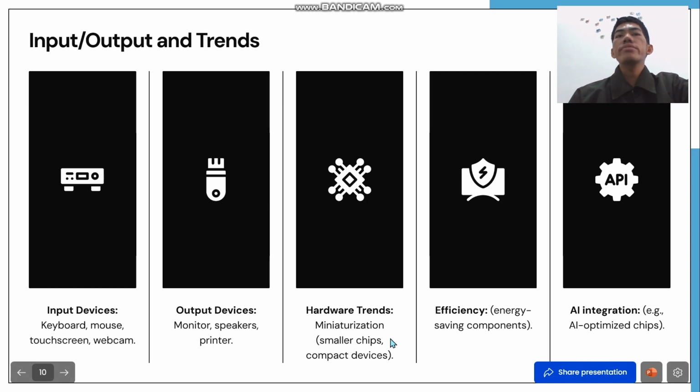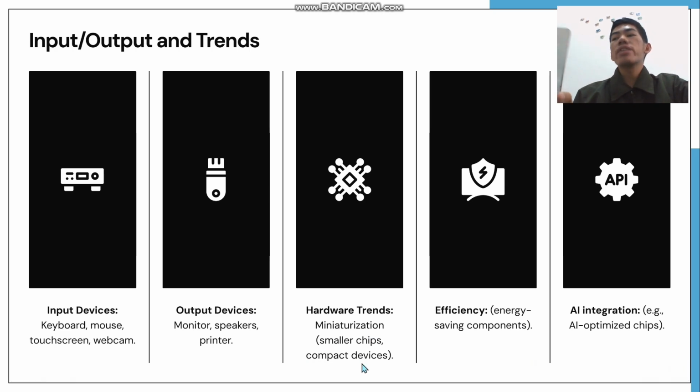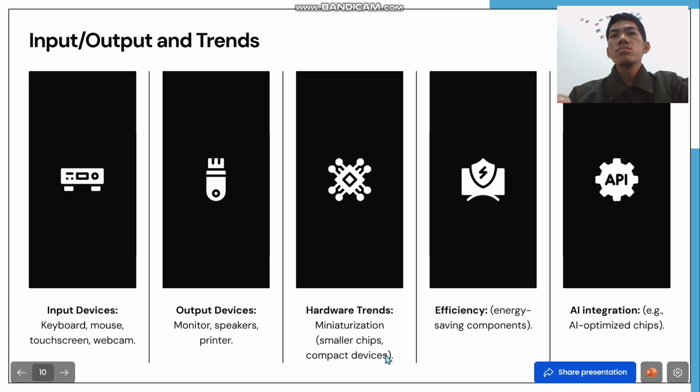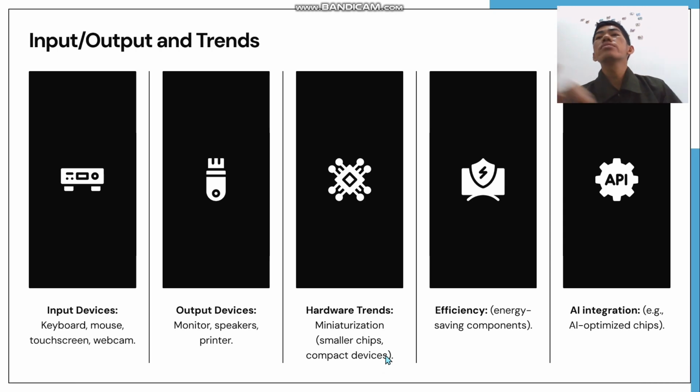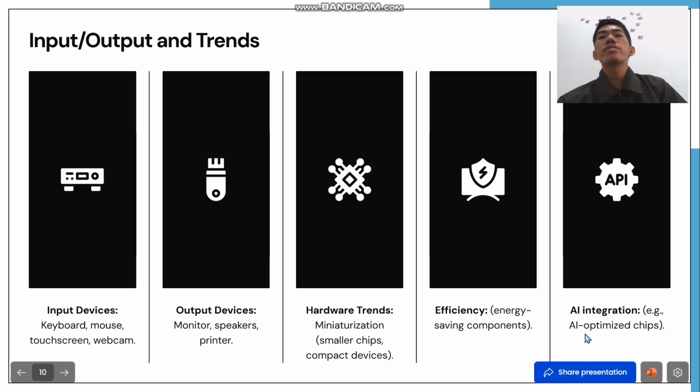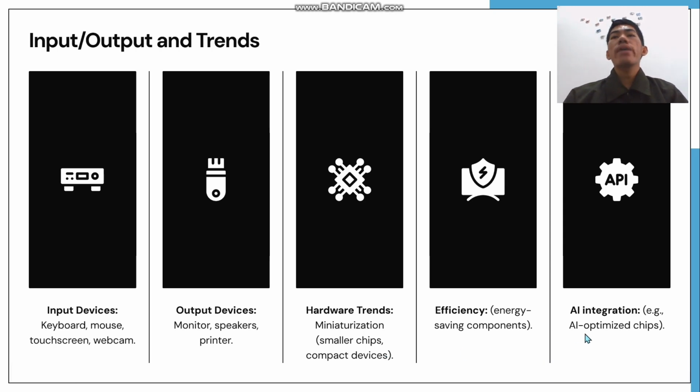A hardware trend is miniaturization: smaller chips and compact devices. A compact device is like my phone, where we have everything in this phone. This is the smaller version of the computer. And in efficiency, there are energy-saving components and AI integration. It has AI-optimized chips.